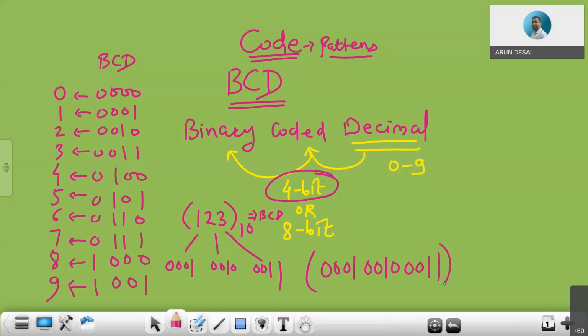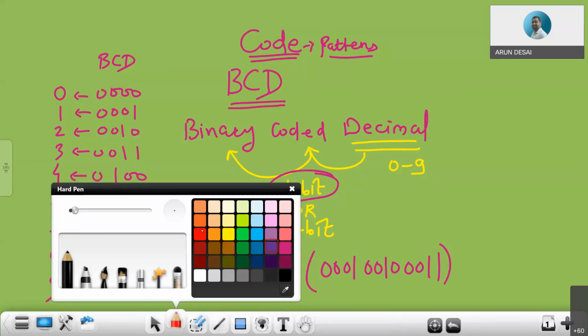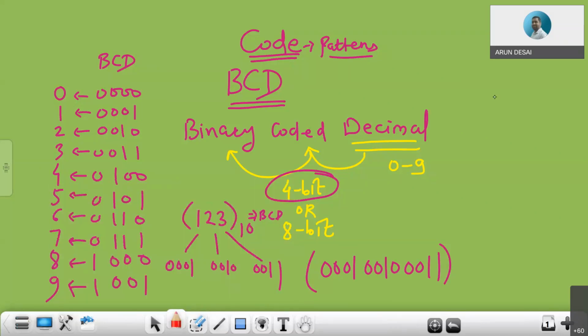Now, there are total 9 symbols, then how do you write 10? For binary, it's 1010. But for BCD, the 10 is in separate form. The 1 is separate and the 0 is separate. For 1, you need to use 0001, and for 0, you need to use 4 bits of binary with 0, right?